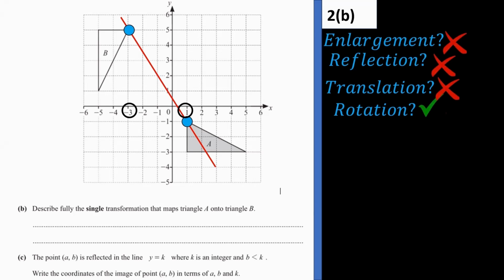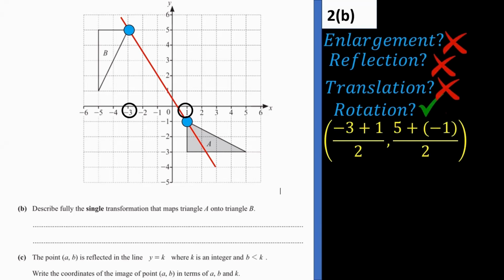The x value of the first point is -3, and the x value of the second point is 1. So I will take -3 plus 1 over 2. The y value of the first point is 5, and the y value of the second point is -1. I will add and divide by 2, just like it's displayed on your screen. That will give me the center, which is (-1, 2).